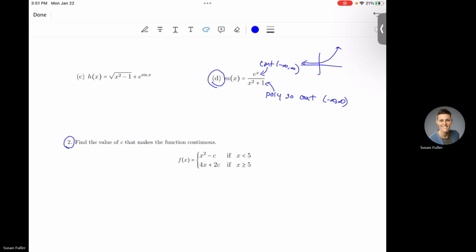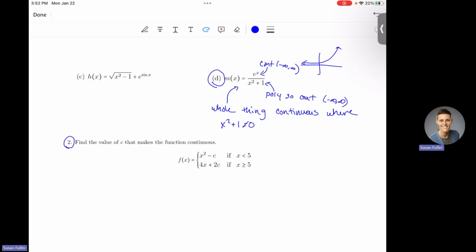So the top is continuous everywhere, the bottom is continuous everywhere. So what that means is this entire function, the top divided by the bottom, will also be continuous everywhere as long as the bottom does not equal 0. So the whole thing is continuous where x squared plus 1 does not equal 0.